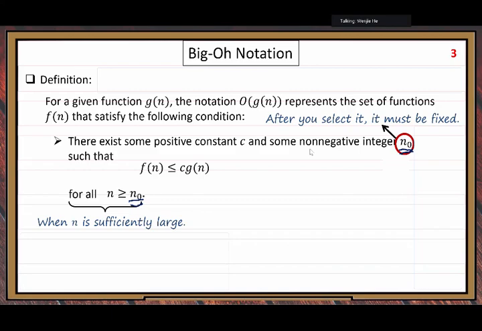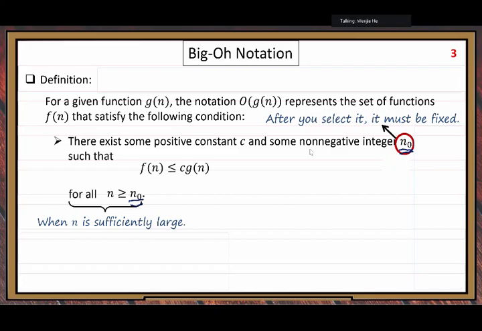Although you have freedom to select that n0, large or small, after you choose it, it must be fixed. n can grow, but n0 must be fixed.